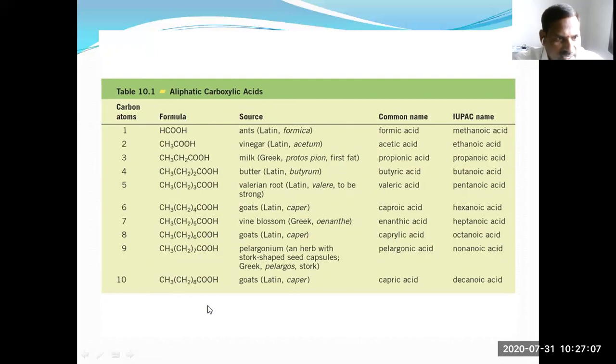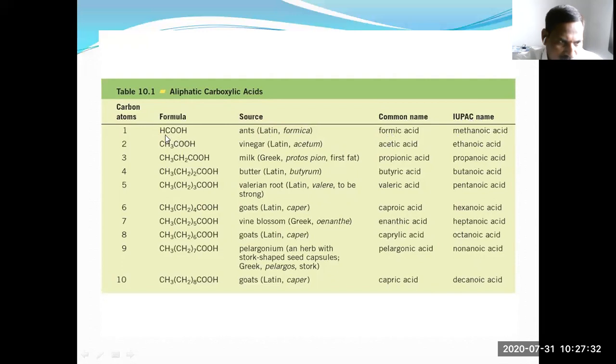These are the carboxylic acids, with their source, common name, and IUPAC name, International Union of Pure and Applied Chemistry. HCOOH: the common name is formic acid, the IUPAC name is methanoic acid.